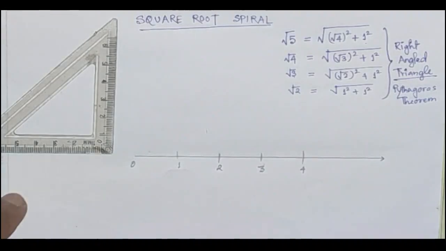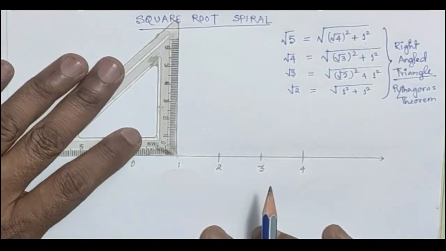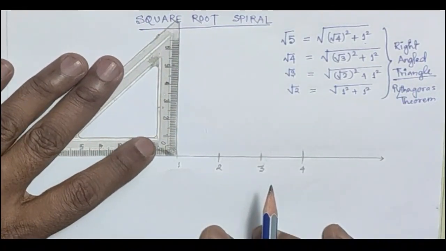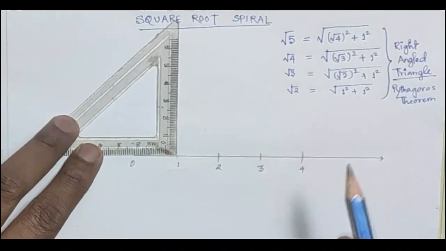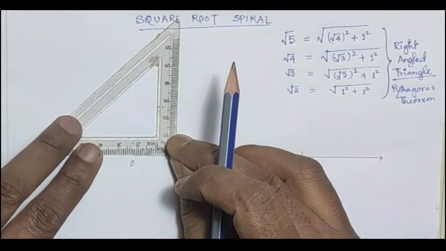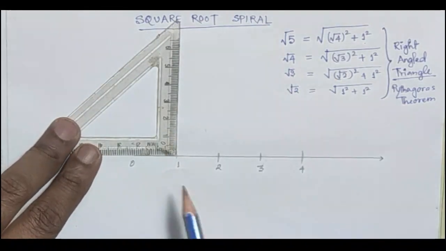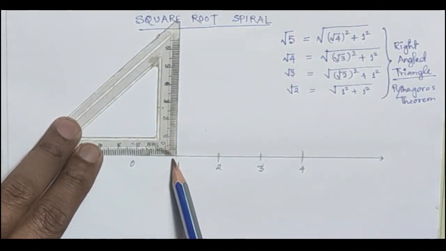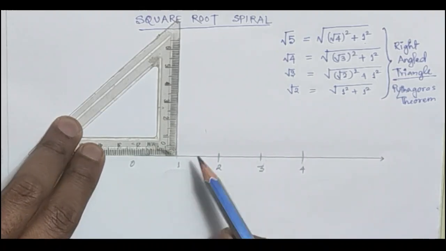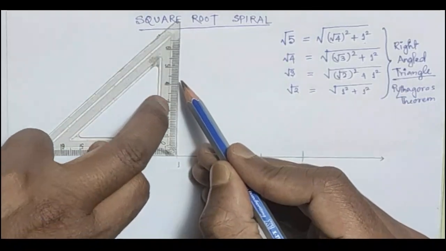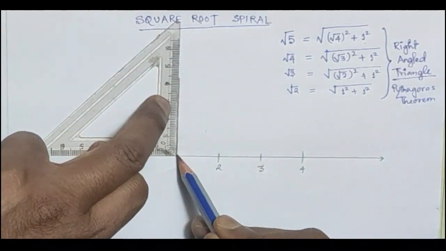For drawing the perpendicular, we are going to take the set square and place it over the line so that you can see the line from your side, and you can also see the point 1 here. You just draw this line.